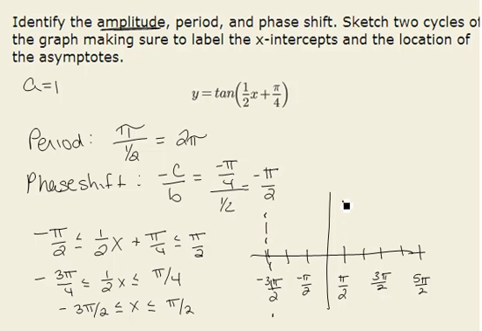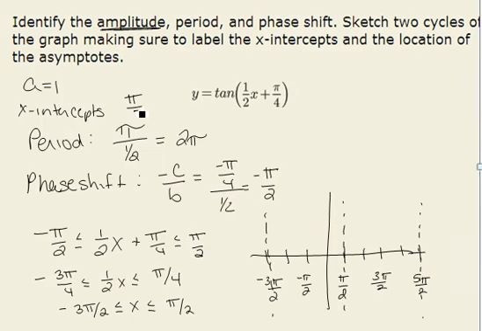This will again happen at 5 pi over 2, or taking pi over 2 and adding its interval 2 pi times n, where n is any integer.